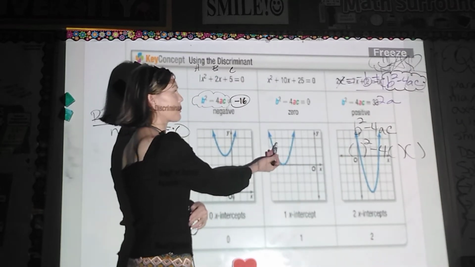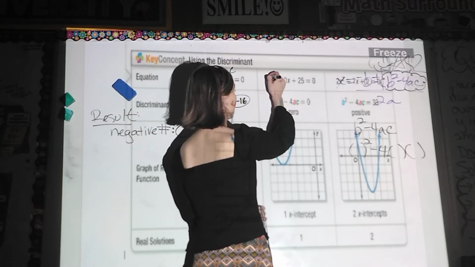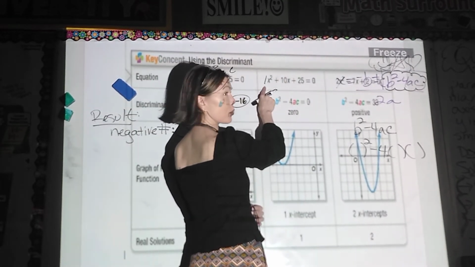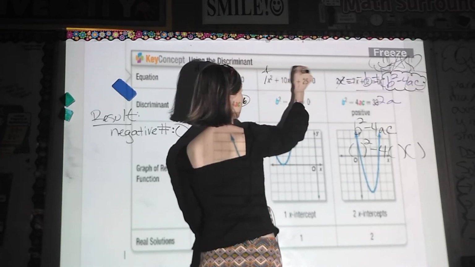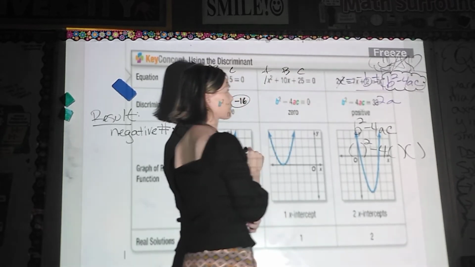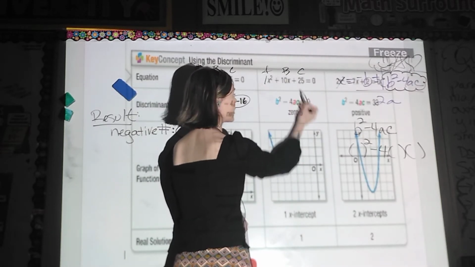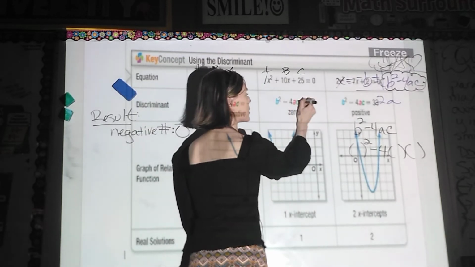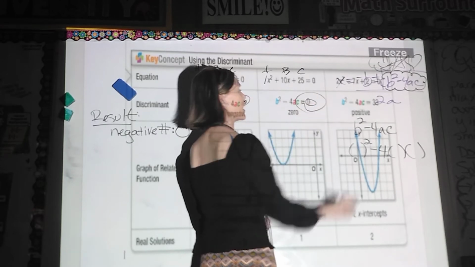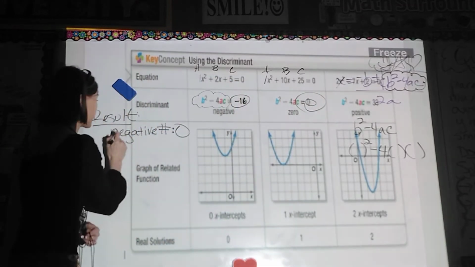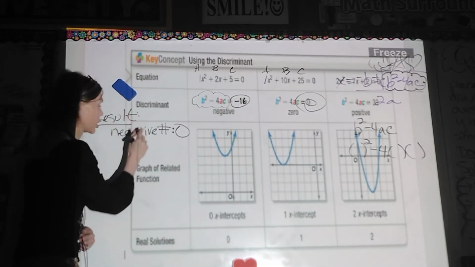Here's our next example. Even though it's not there, you know there's a 1 there. So this is your A, this is your B, and this is your C. You put your B here, your A, and your C, do the math, and what was the result? The result was 0. So under the results, you're going to write 0.